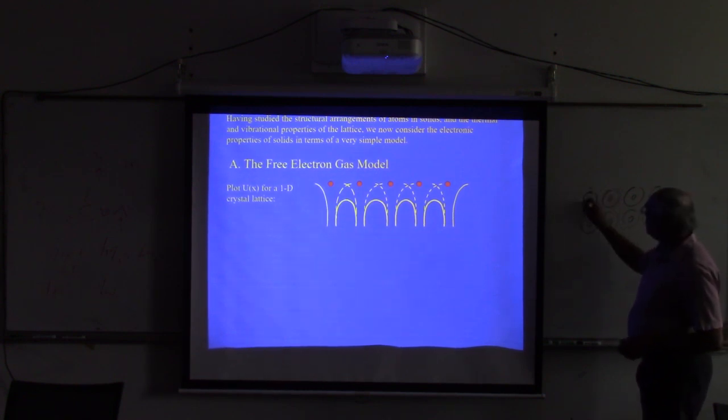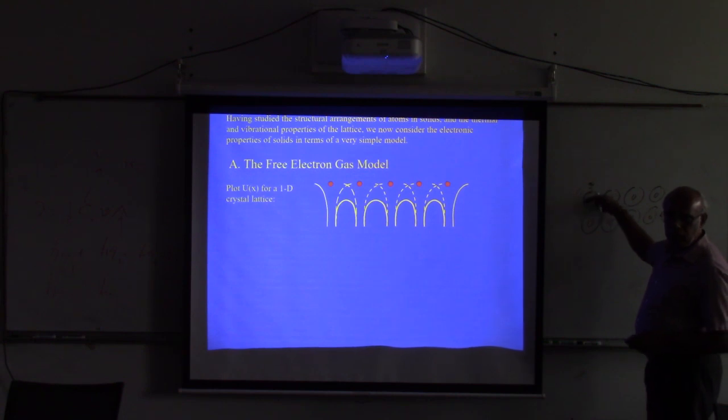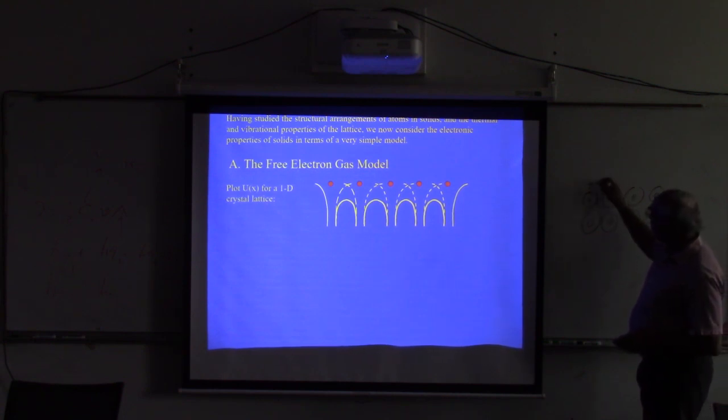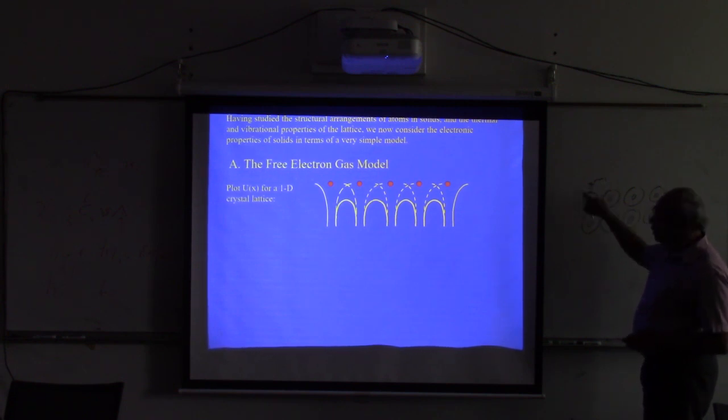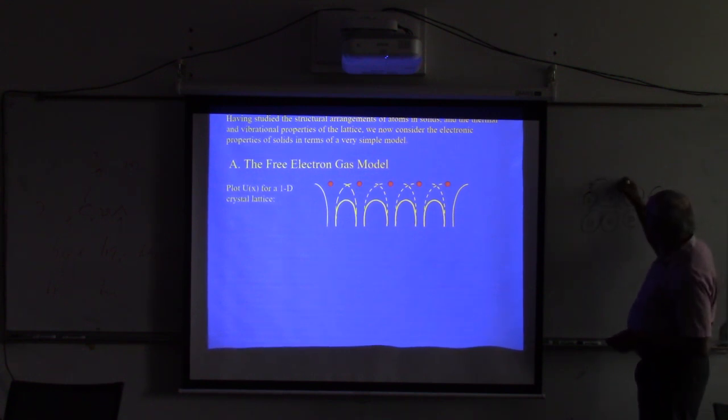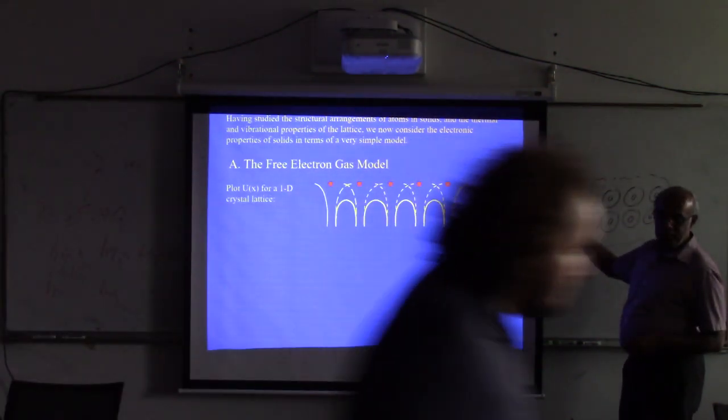We have core electrons and we have the valence electrons, right? Typically these valence electrons are loosely bound to the atom. In metals, they don't exactly belong to a given atom. They can be shared with another atom, or even be free to move all around in the metal.